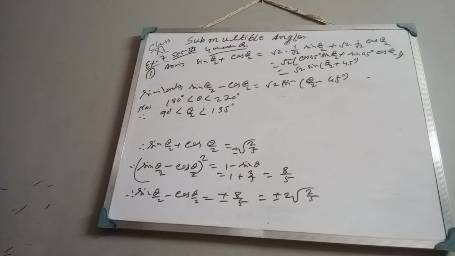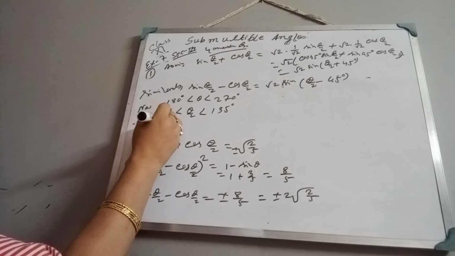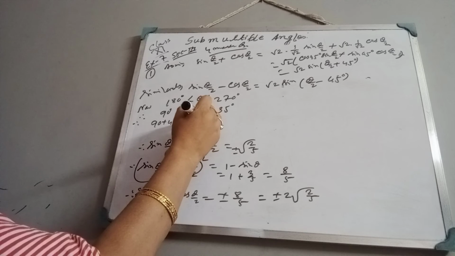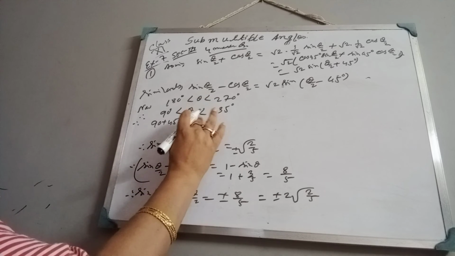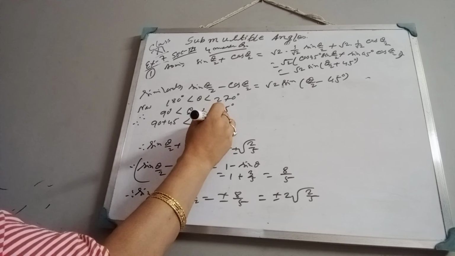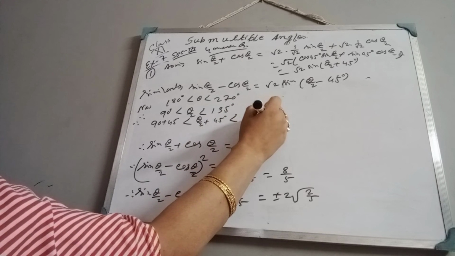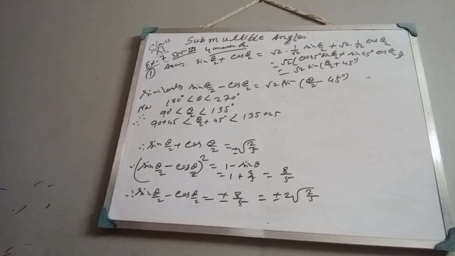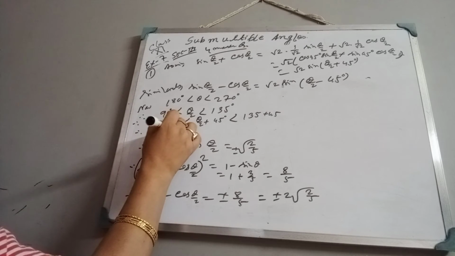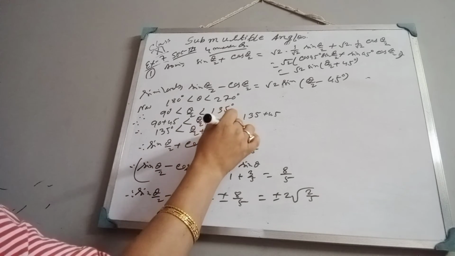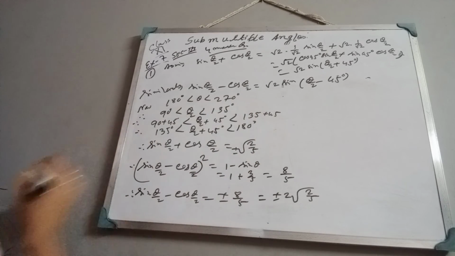So θ/2 plus 45 degree, 90 plus 45, then 135 plus 45, how much? That is 180 degree. So this is coming 135 degree less than θ/2 + 45 degree less than 180 degree.